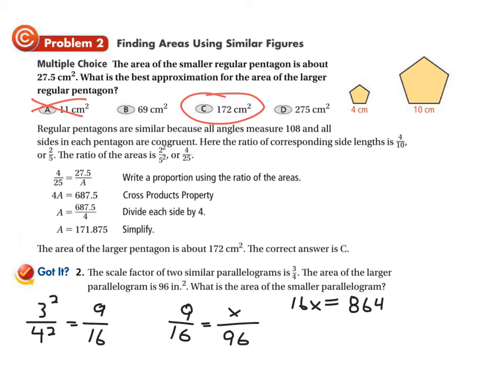And of course, if we divide both sides by the coefficient of the variable, 864 divided by 16 gives us x equals, let's see, 54.